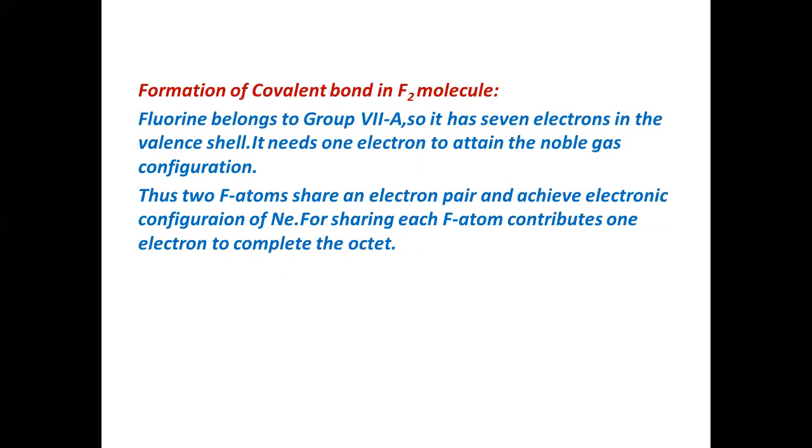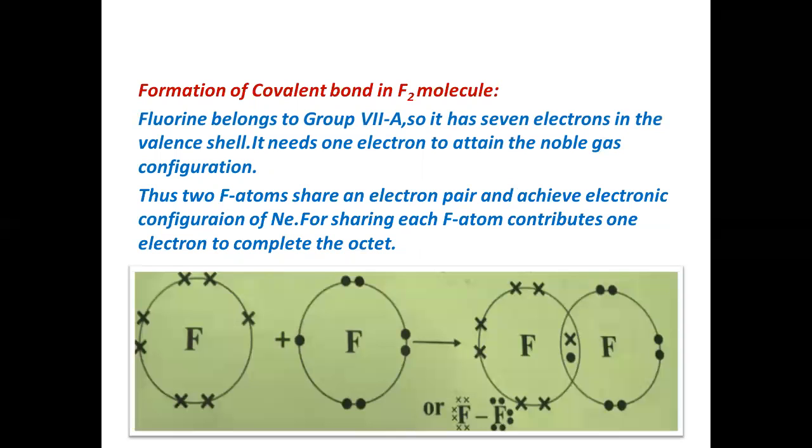For sharing, each fluorine atom contributes one electron to complete the octet. The electrons of one fluorine atom will be represented by crosses and the other by dots, and they are 7 and 7. So they will share one electron, and that's why 1 2 3 4 5 6 7 8, 8 electrons will complete it in each case.